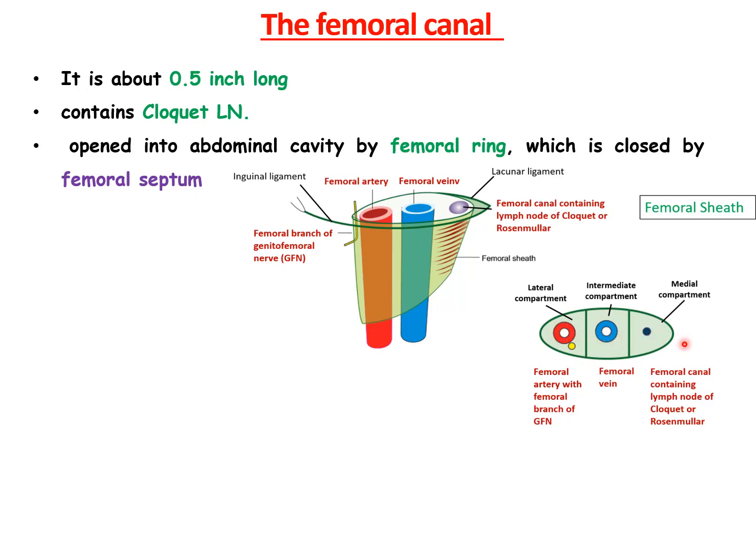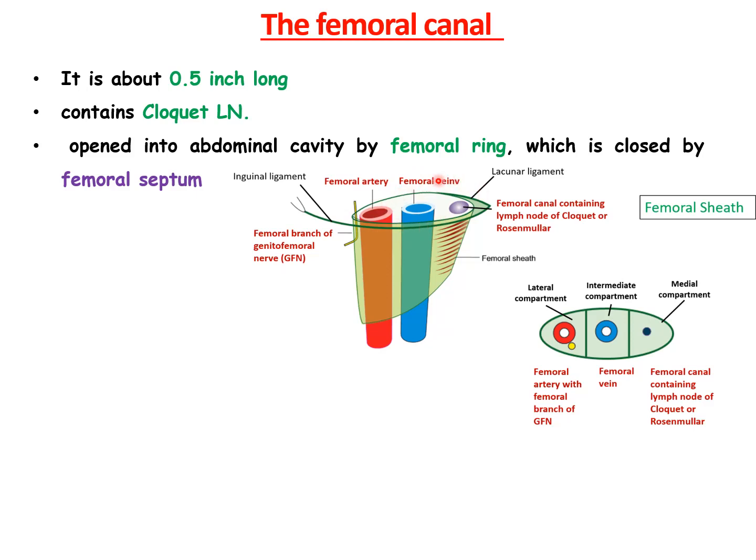As you see here, this is the femoral sheath, and these are the two septa dividing the sheath, as we said, into 3 compartments from lateral to medial. The first compartment is the most lateral one, containing the femoral artery with the femoral branch of genitofemoral nerve, the intermediate compartment contains the femoral vein, and the most medial compartment is the femoral canal.